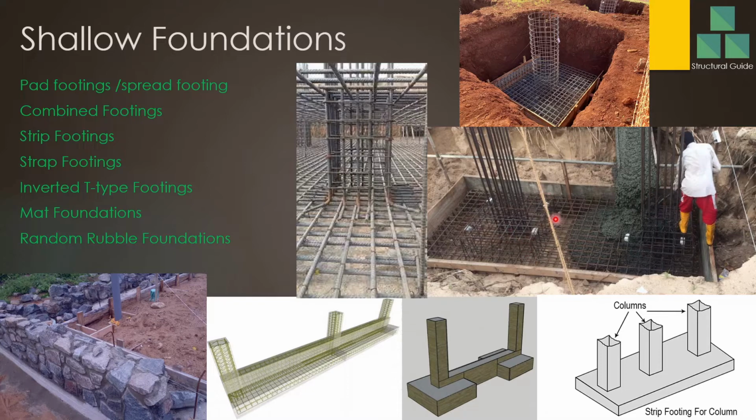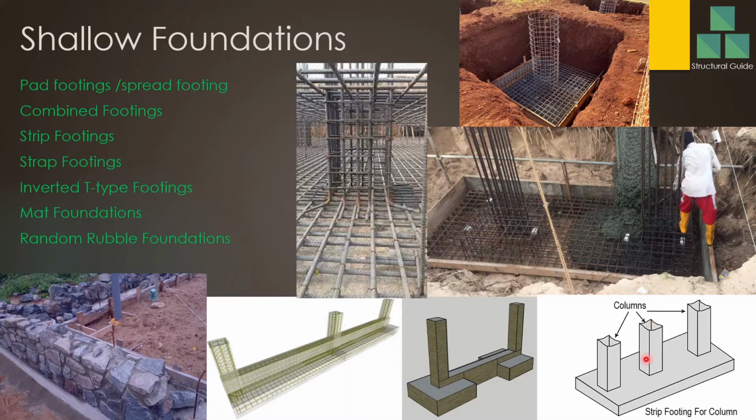Normally in a combined footing we have a double net, two reinforcement nets, bottom net and top net, because at each column there may be a sagging moment, and in the middle between the columns there may be a hogging moment. Therefore we need two reinforcement nets for combined footings.